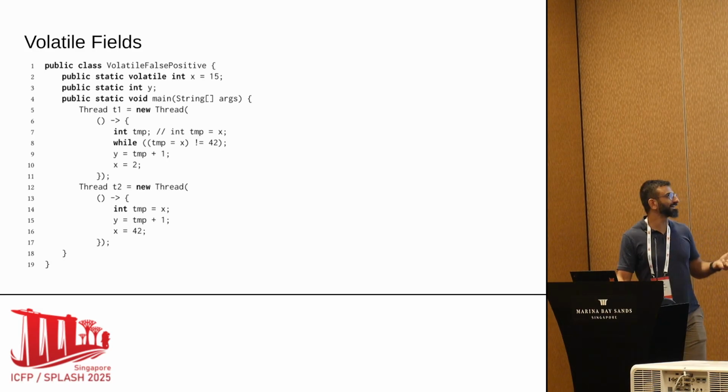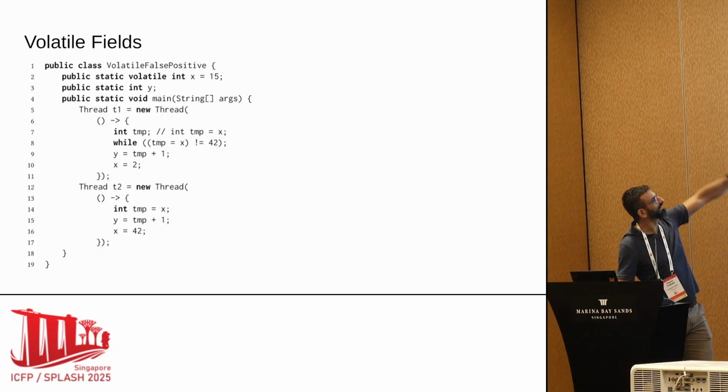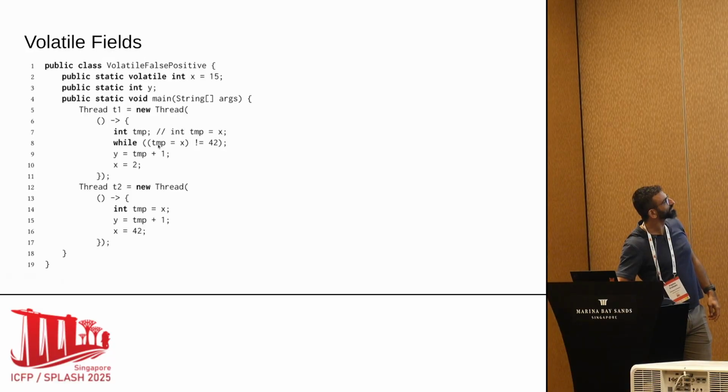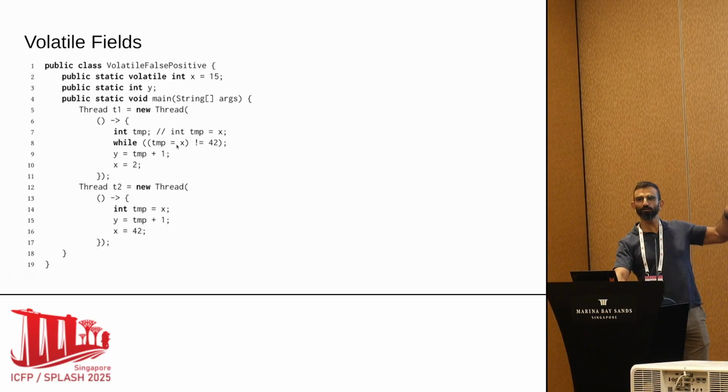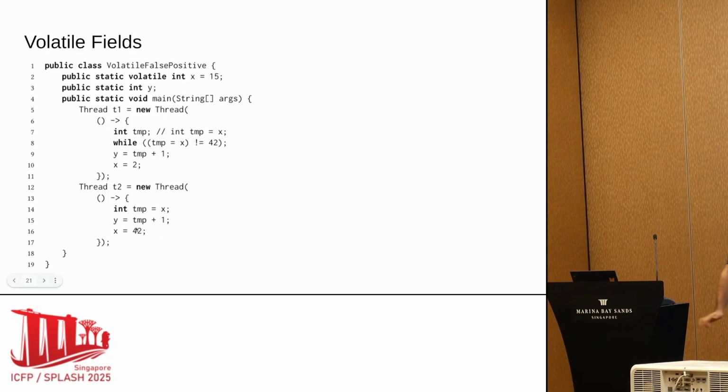The thing with volatile fields is that people write code like this, where there's a while loop that's going to spin on a volatile field until there's a thread that writes the volatile field and takes you out of the spin.